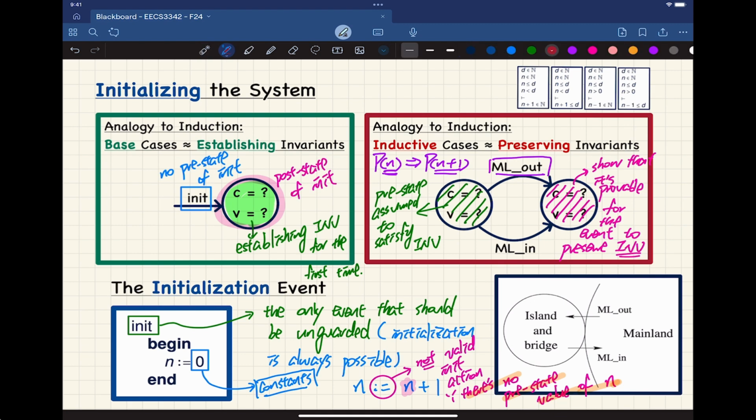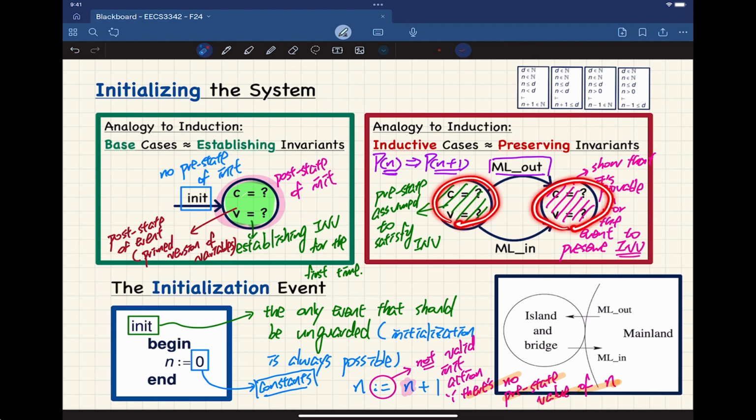Let me say a little bit more here. The post states of events, so that one there will have the prime version of variables. So that's very important. So just remember, for regular events, you do have the pre-state, which is unprimed, but you also have the post-state that's primed. But for the init, there's only the post-state that's primed.